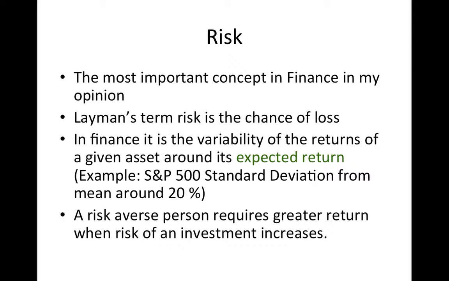Idiosyncratic risk is, for example, as I gave you just one example, a company which was basically all resting on the shoulders of the CEO, and the CEO ends up getting involved in an accident. Imagine what happened to Apple when Steve Jobs passed away.